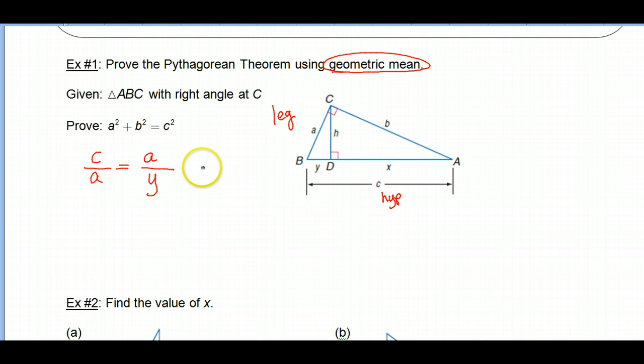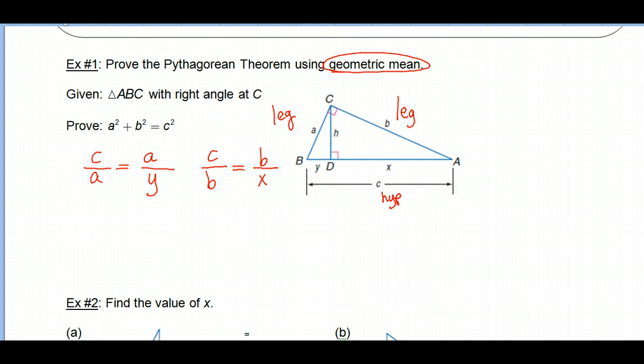Now I want to put another proportion together based on the other leg, b. C over B equals B over X. Good. We're okay with that?